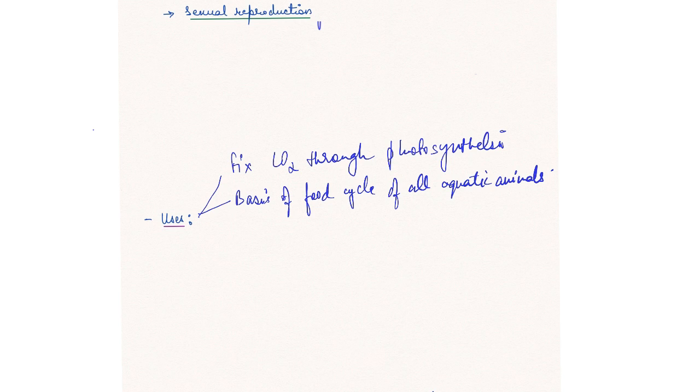They fix CO2 from the environment, and almost half of the total carbon dioxide on Earth is fixed through them. Then they are primary producers, so they are the basis of the food cycle of almost all aquatic animals.